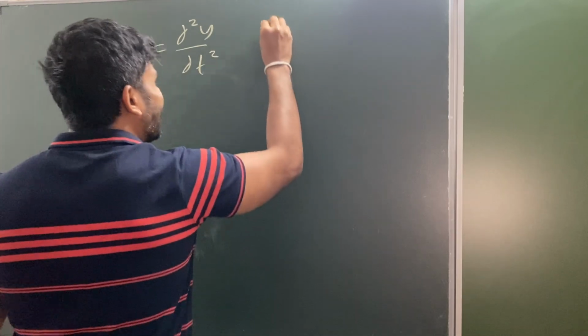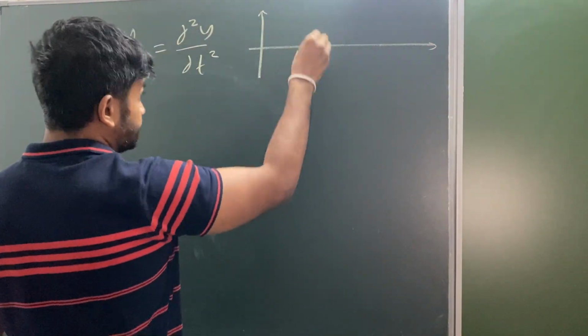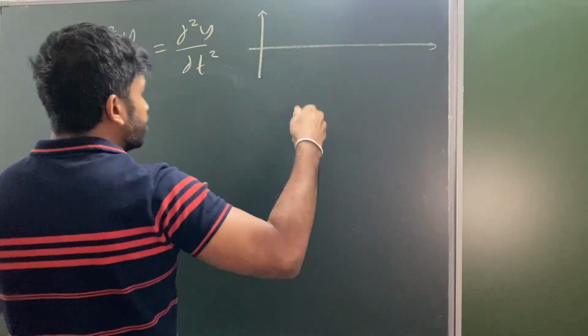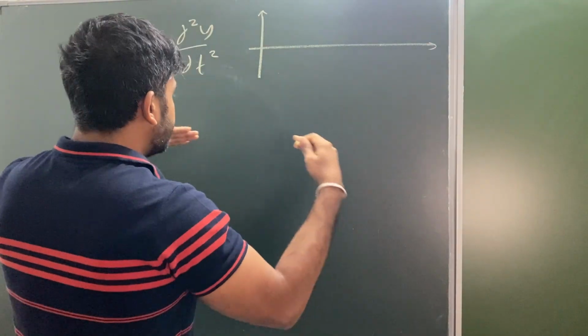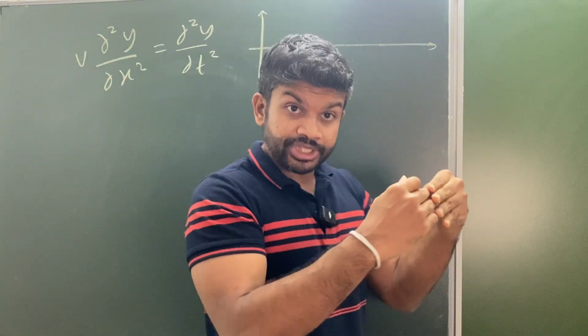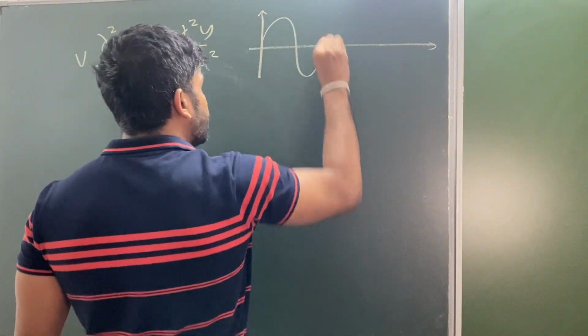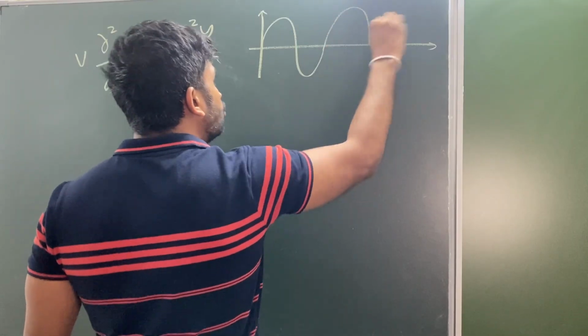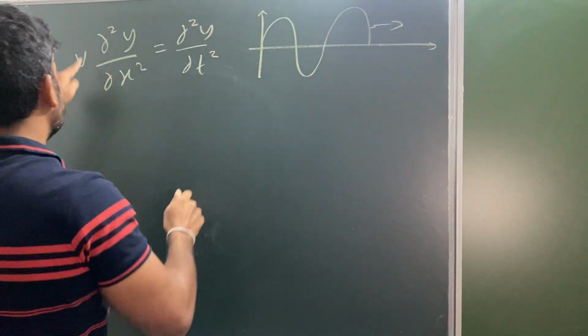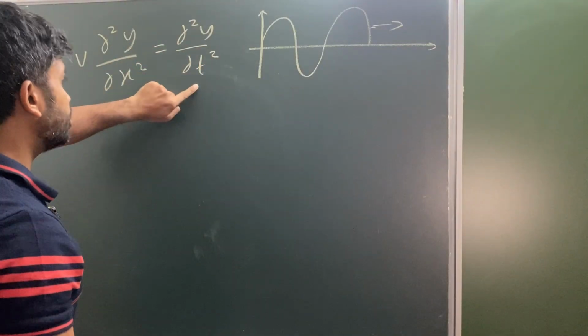This could be any sort of wave, either a progressive wave or a stationary wave. We already know that stationary waves are formed by superposing two waves moving in opposite directions, so this can be any wave. But let me take it that this is a moving wave.